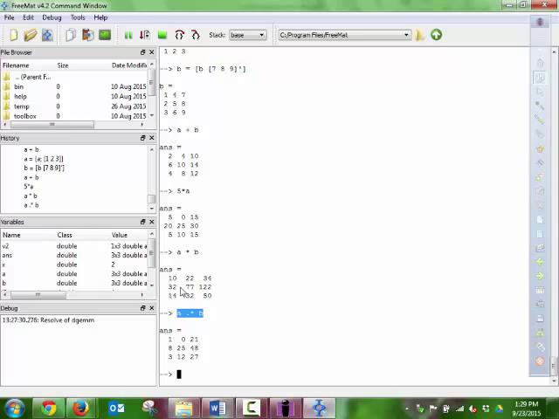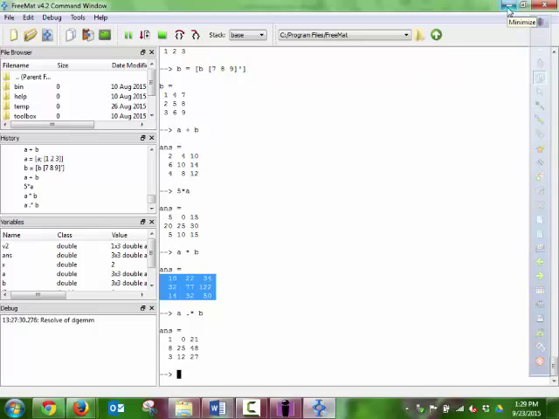But clearly that's not what's happening here. Something else is going on over here, right? So this multiplication over here is the true matrix multiplication that we're going to be using in our class. This element by element multiplication is not what we want to learn. MATLAB has that capability for doing certain things, but it's not what we're interested in.